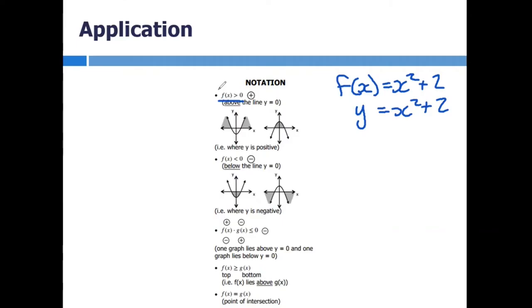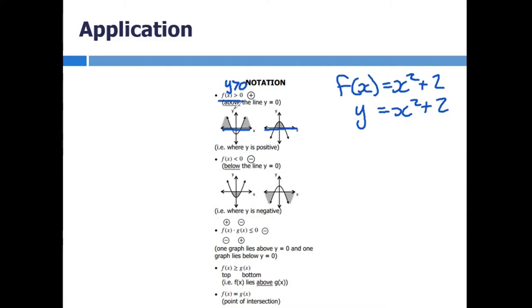So you need to know which graph they're talking about. So that's why they say f of x. So you know they're talking about the graph of f, but they're asking where your y values are greater than 0. And on any Cartesian plane, your y values are positive above the x-axis. So here's my x-axis, and you can see in both of these examples, they've shaded above the x-axis. Okay, so that's what they're asking for.